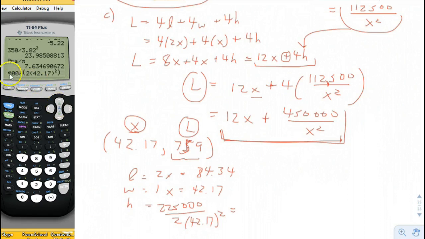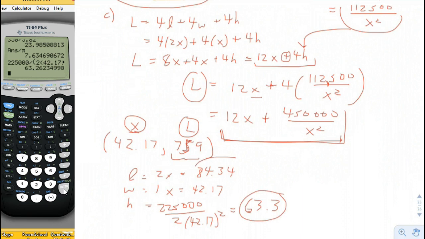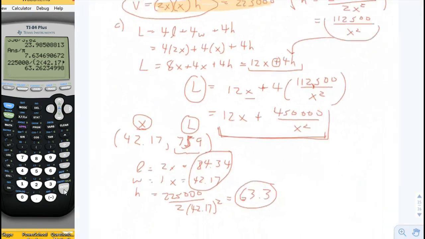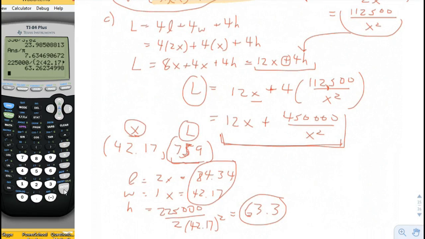Okay, so we put it here, 225,000 divided by 2 times 42.17 squared. So the height is 63.3. Okay, so those are the dimensions of the aquarium. And the minimum steel length is 759. That was about the hardest problem we did.